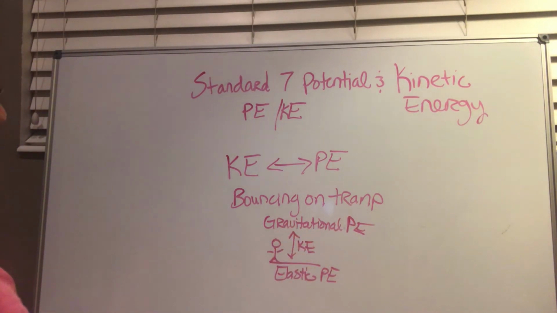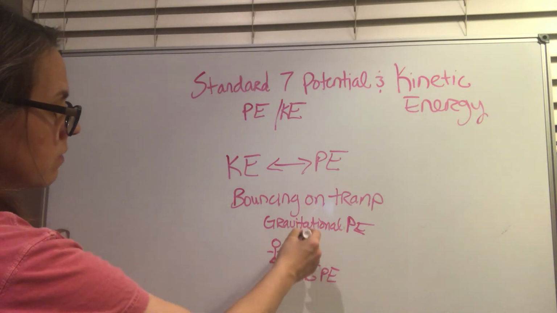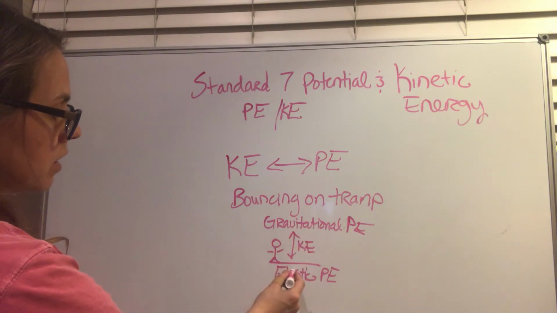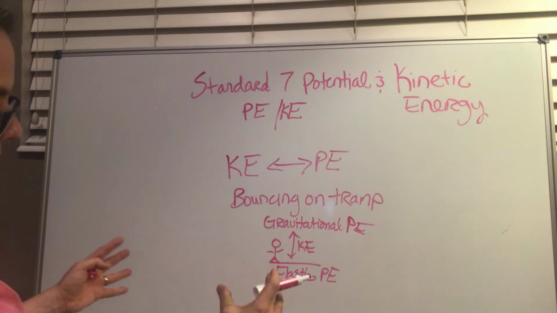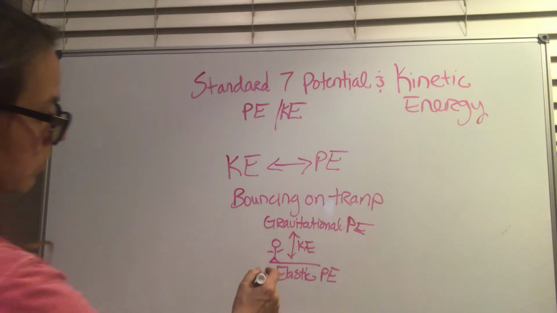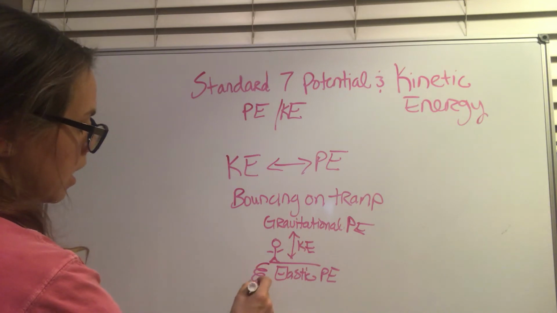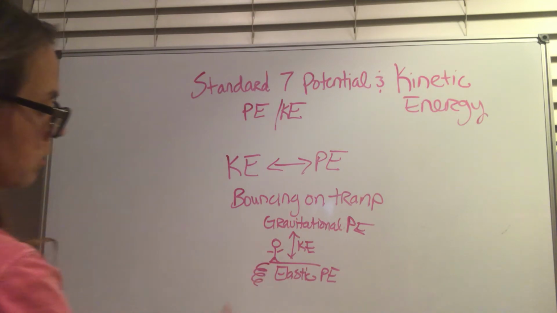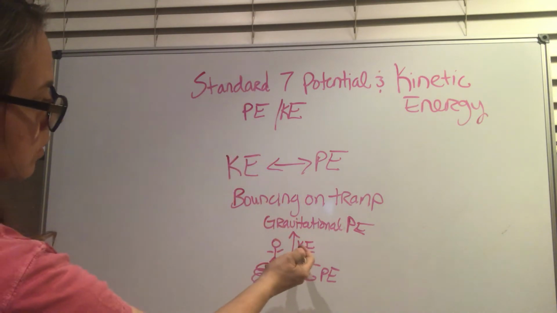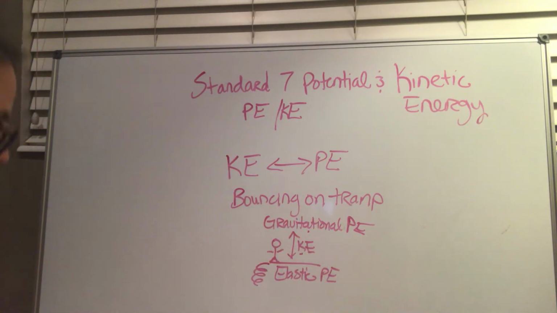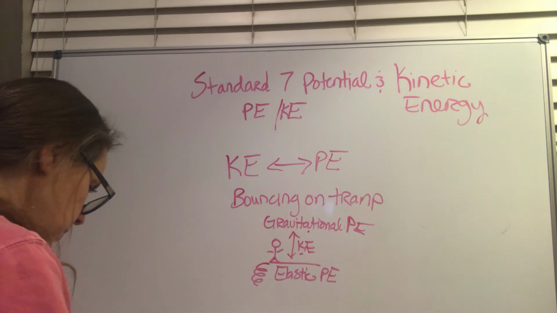You gain the potential energy, and then it's converted to kinetic energy, and down here, you hit the trampoline, and you're stretching out those springs, and then it bounces you back up, right? That's potential energy until it bounces you back up, converts to kinetic energy, and back into gravitational energy.